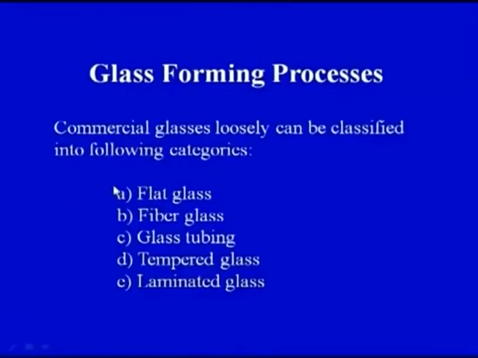We would definitely like to make the glass in any of these forms, because these are the primary or general forms of glass which are used in our everyday applications or everyday products. So, we can have flat glass, fiber glass, glass tubing, tempered glass, and laminated glass.